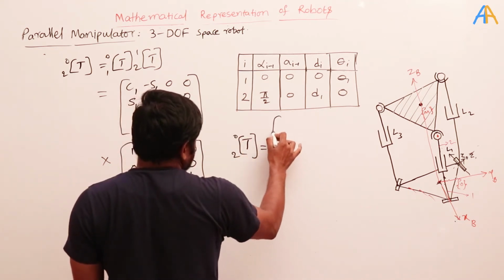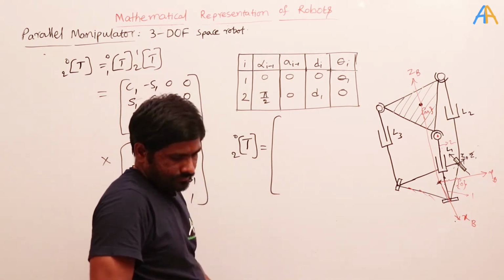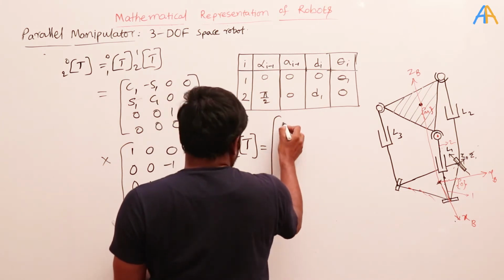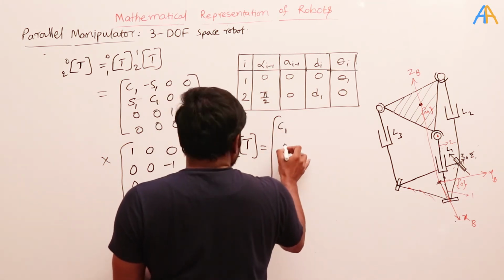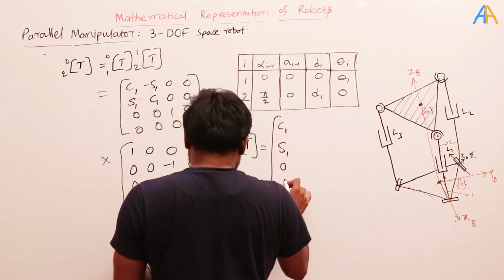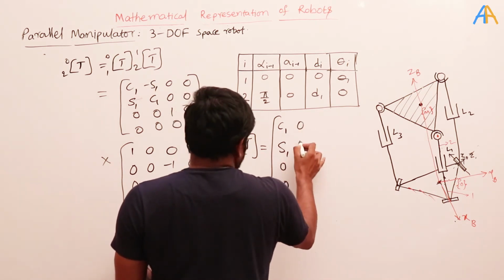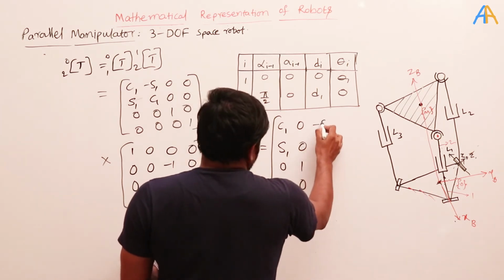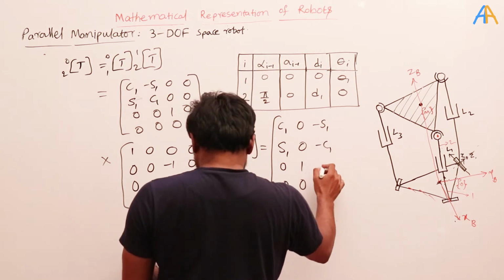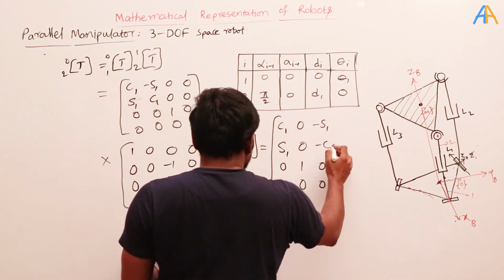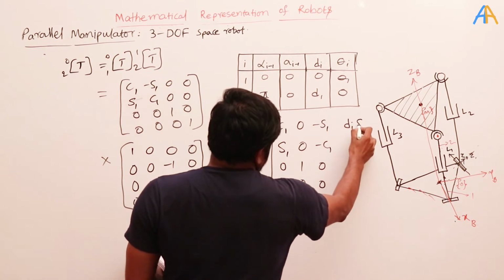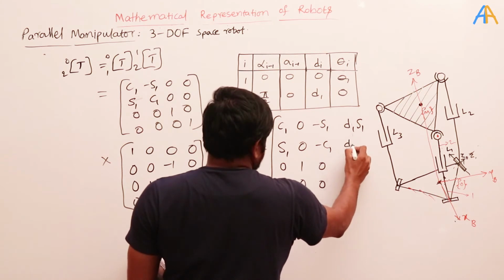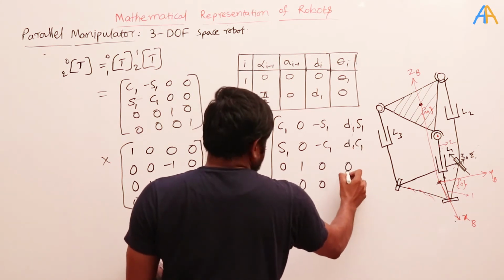T0,2 is how much here? This is c1, s1, 0, 0, 0, 0, 1, 0, and here minus s1, minus c1, 0, 0, and here di means d1 s1, d1 c1, 0, 1.